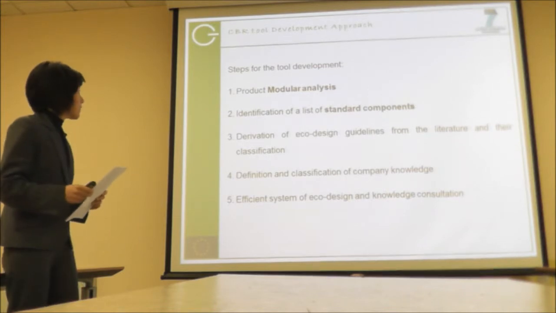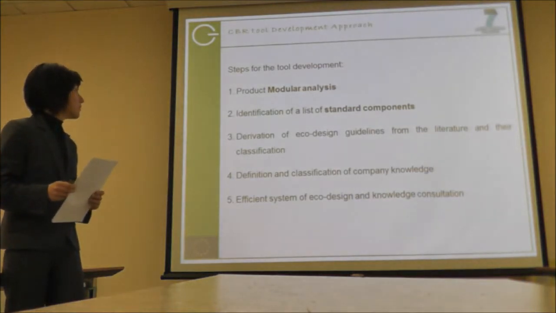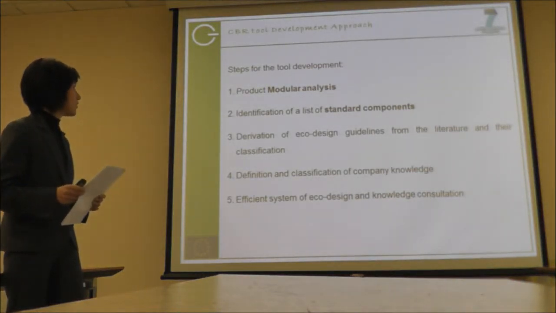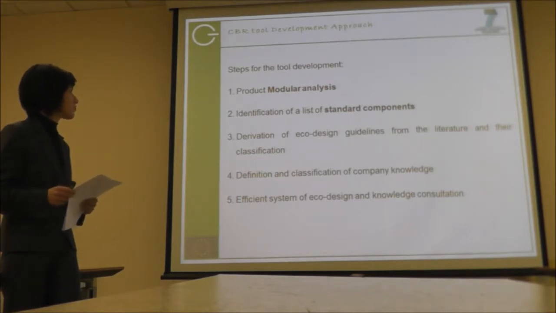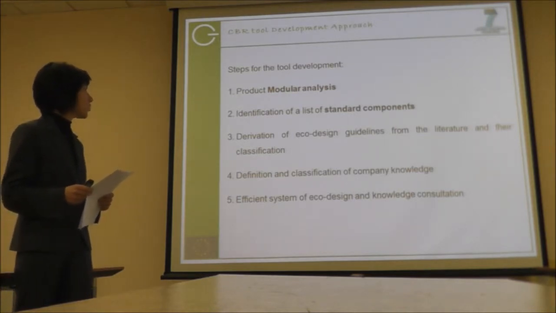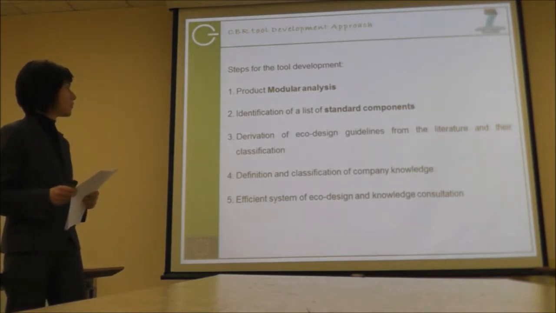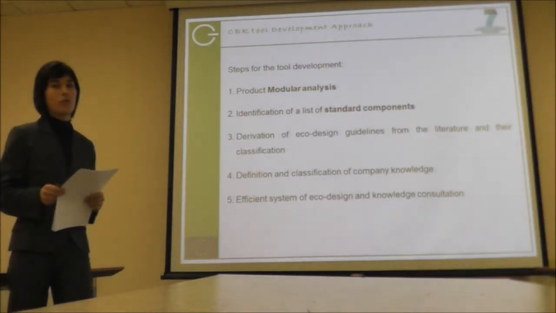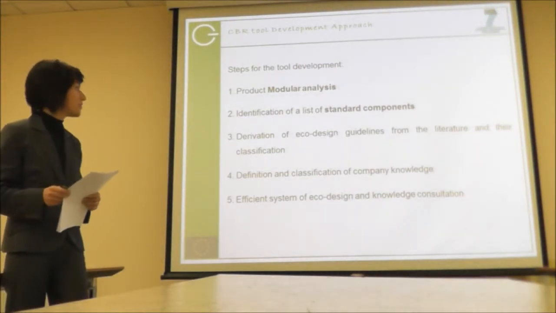So we have identified 5 steps for the tool development. The first one is the product modular analysis. Then we have identified a list of some standard components for each product analyzed.